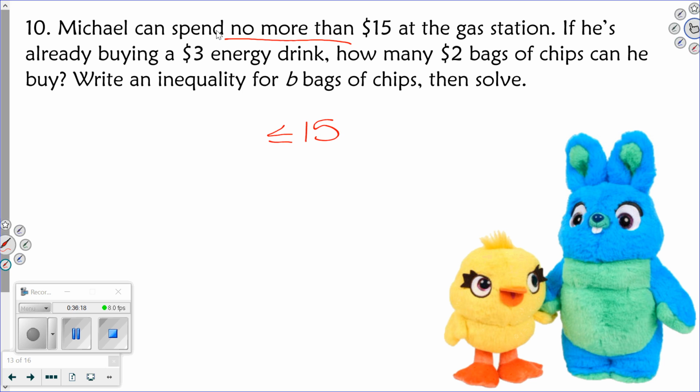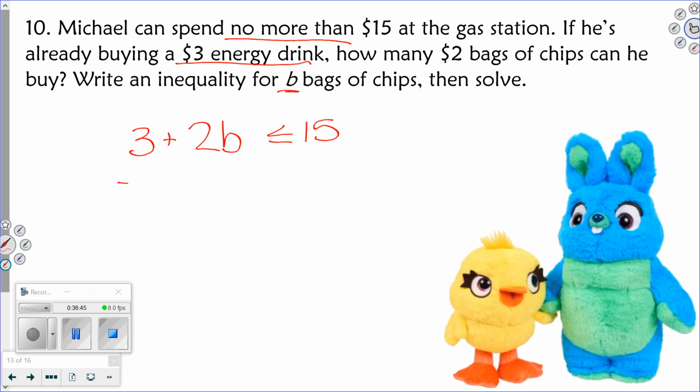What has to be less than or equal to 15? He's buying a $3 energy drink. So 3 plus 2B. Yeah, it said to use B for bags of chips. Right? He's already spending $3 on his drink plus $2 for every bag of chips. Needs to be less than or equal to 15. Okay, so it said to write an inequality. I did. And then it said to solve.